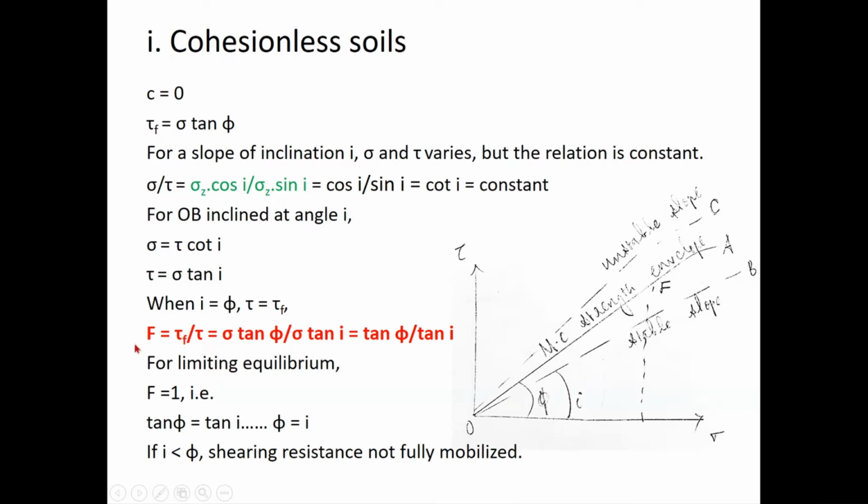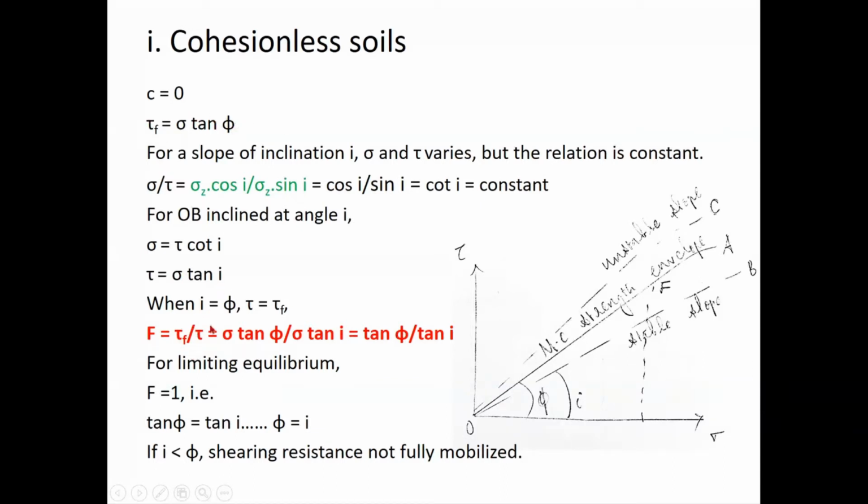So my basic factor of safety equation, what we saw yesterday, is equal to tau f by tau, which is resisting moments by driving moments, or resisting forces by driving forces, right? So basically it is tau f by tau. Along this Mohr-Coulomb strength envelope OA, I have my tau f, which is nothing but sigma tan phi. We know that equation, right?